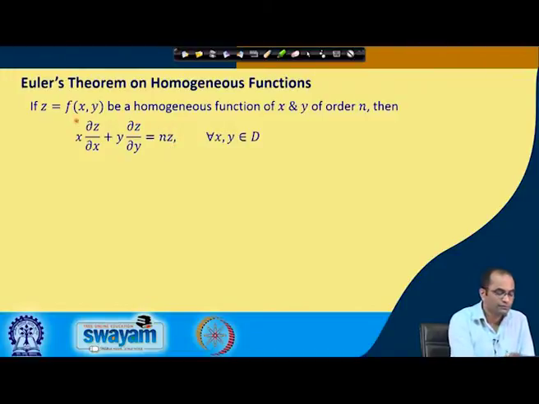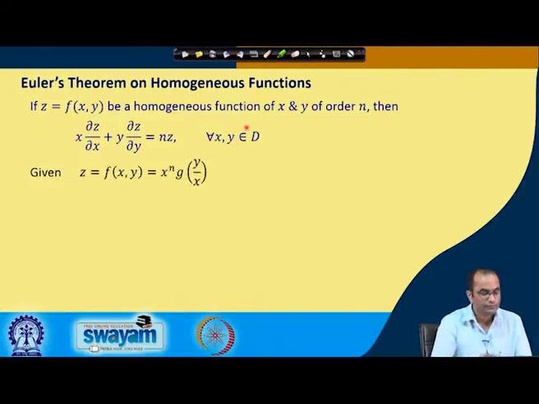So, we do not have to compute this separately. If we know that this is a homogeneous function, then x z x plus y z y will be simply n z, for all x, y points in the domain of the function here.